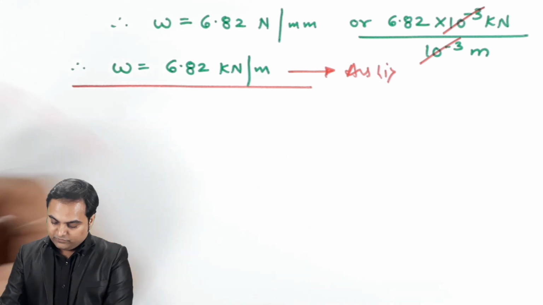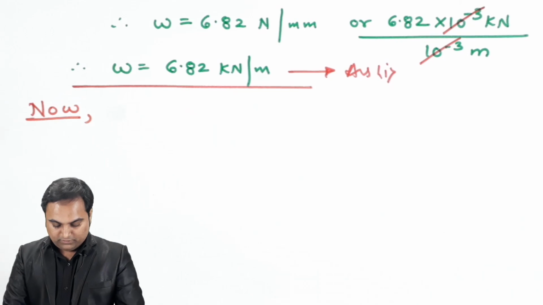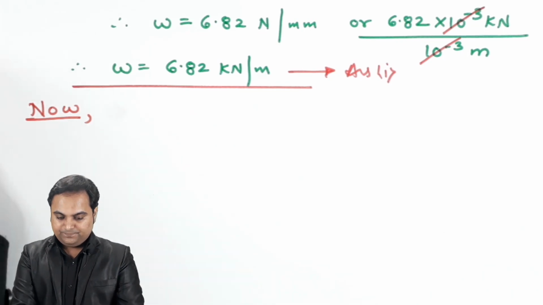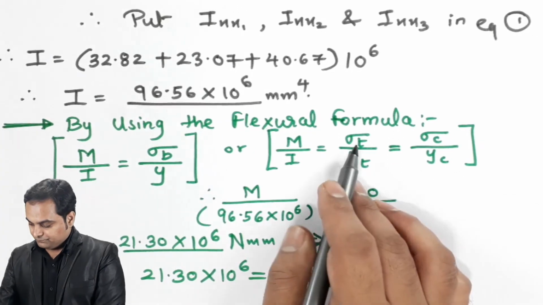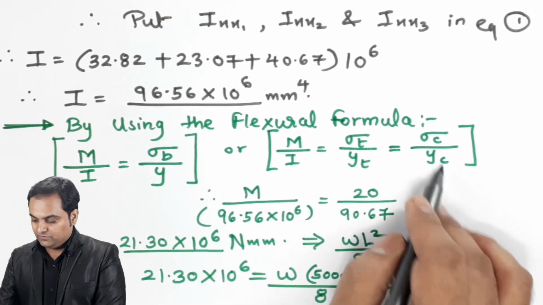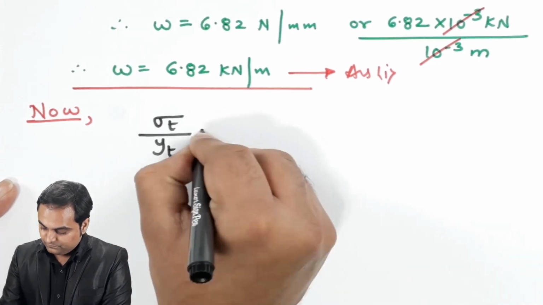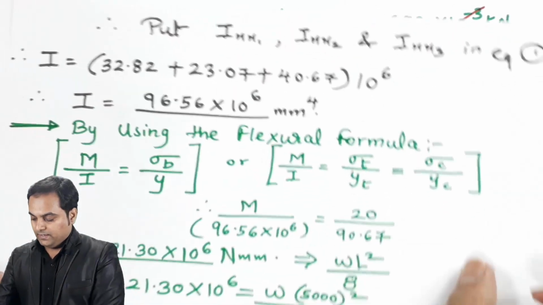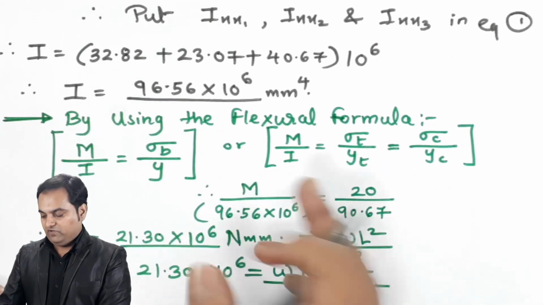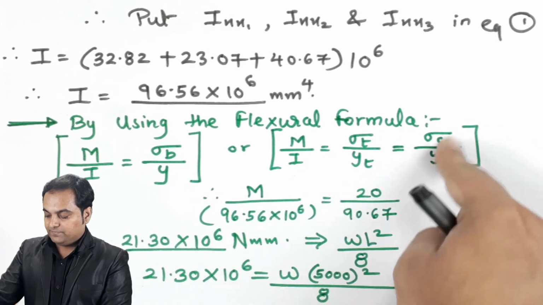Now the second part of the question is we have to find the value of compressive stress. For that I'll use the same equation, which is the flexural formula. Here sigma t upon yt is equal to sigma c upon yc. It is also equal to M upon I. We could have even found out by M upon I is equal to sigma c upon yc.